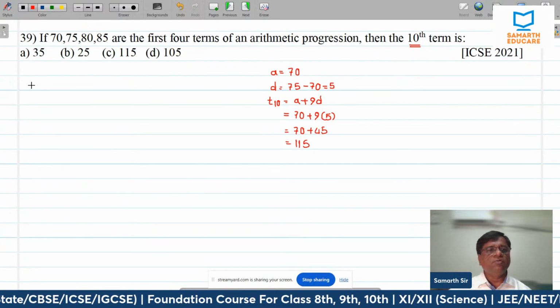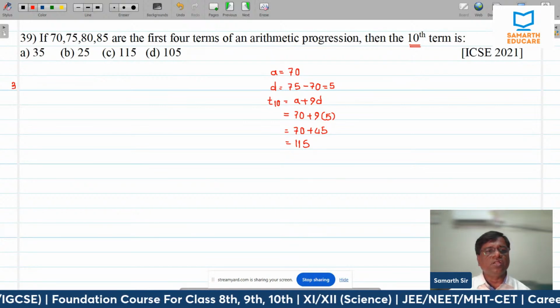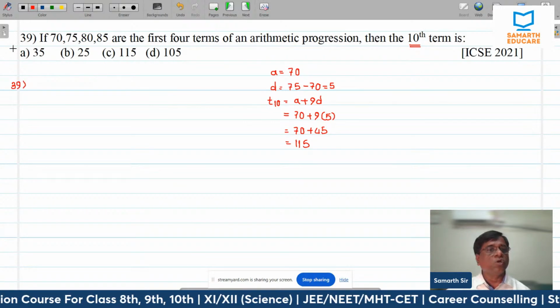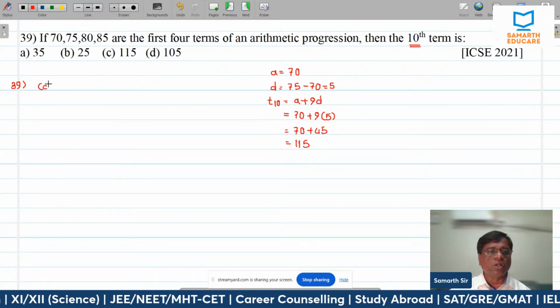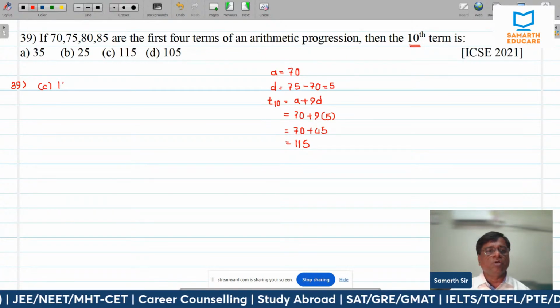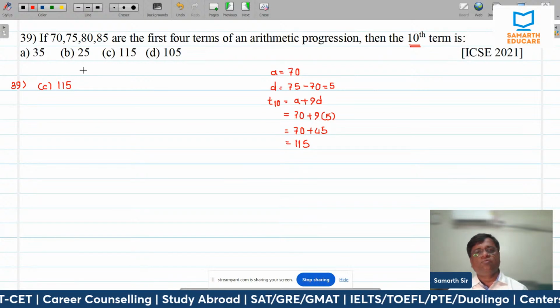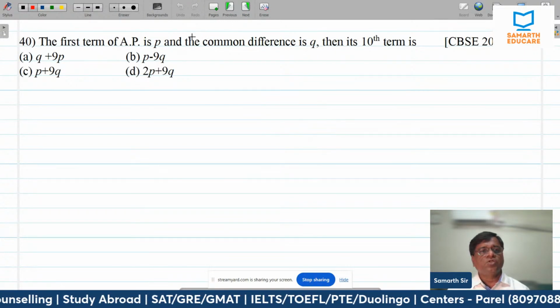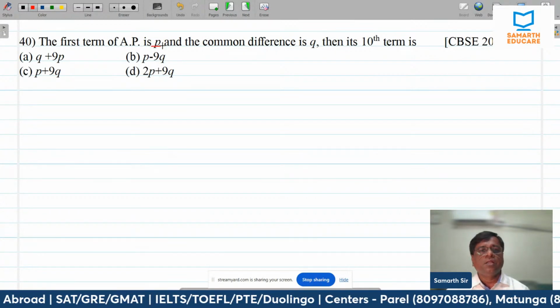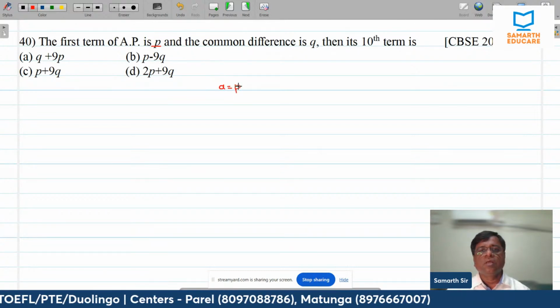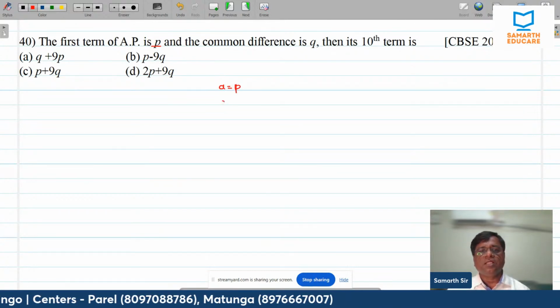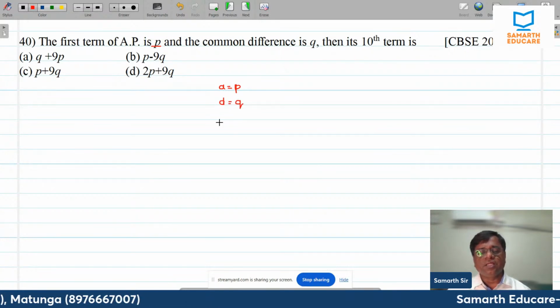Here I will write the question number, no need to write the question. Again, I'm repeating, you just have to write the answer as the option number, that is C, and whatever the option is, 115. The next one is a very simple part: the first term of an AP is P and the common difference, which they have already given, is Q. Again, a 10th term.